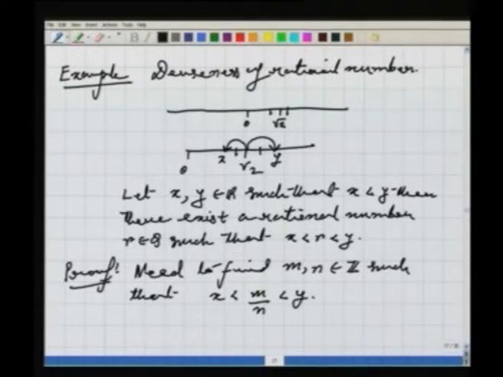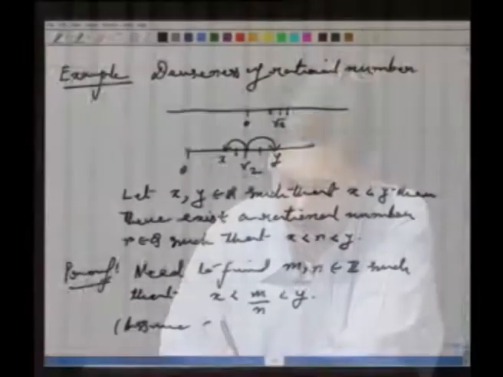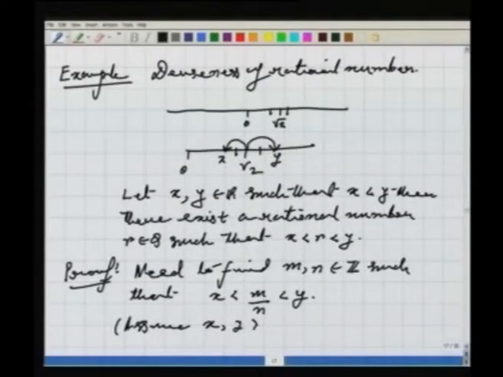Well, for simplicity, let me first assume that x and y both are positive. The other case you can manage yourself. So, I assume x, y both are positive. That means now my job is reduced to finding two natural numbers m and n, such that x is less than m by n and m by n is less than y.